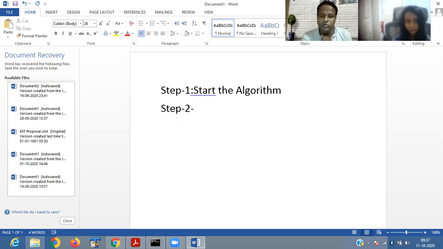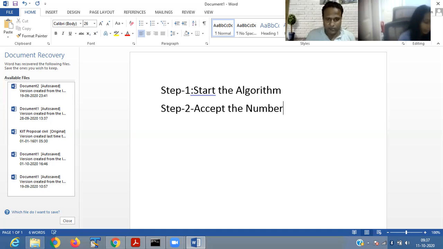We want to find out whether the number is divisible by 5 or not. Okay. So first we start the algorithm. Next step, we have to put a number. It is step by step. So we write the first, second step: accept the number.